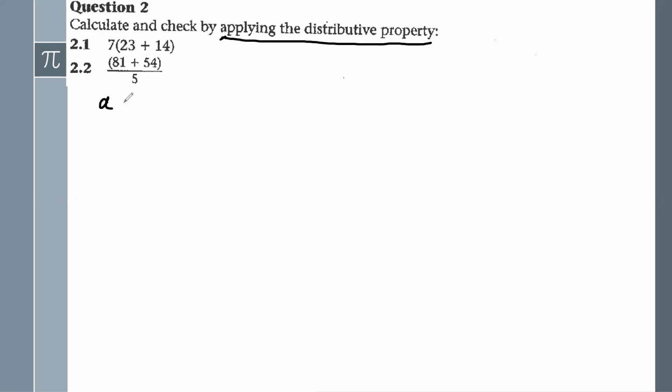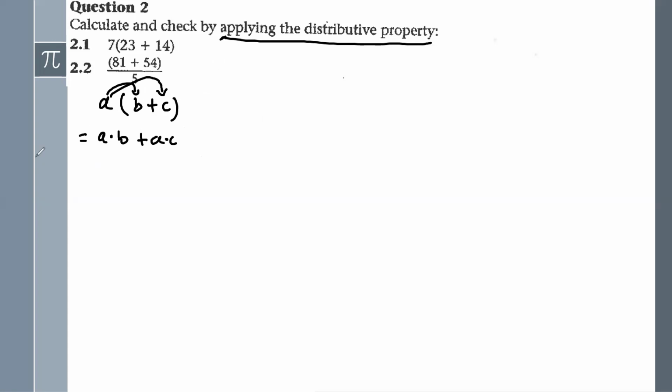If I have a number and I have in brackets two other numbers that are different, I can actually find the answer in a simple manner by multiplying the number outside the bracket by the first number inside the bracket, keep the sign, and multiply the number outside the bracket by the other number inside the bracket. Okay, so this is what the distributive property says.